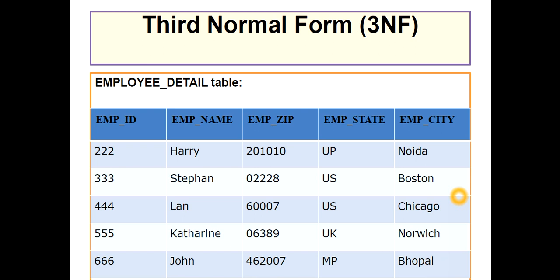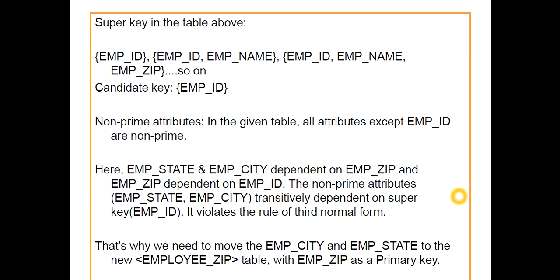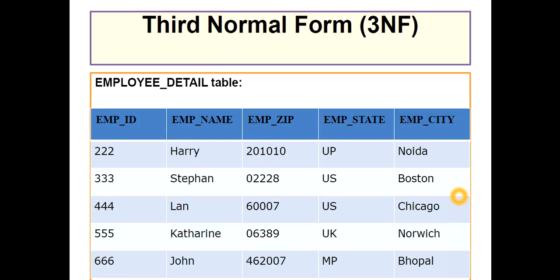So we may say that from employee zip we can consider it as a key, because it can imply both employee state and employee city. But this employee zip is dependent on employee ID, because that employee zip is for that particular employee which has the ID, say 222.